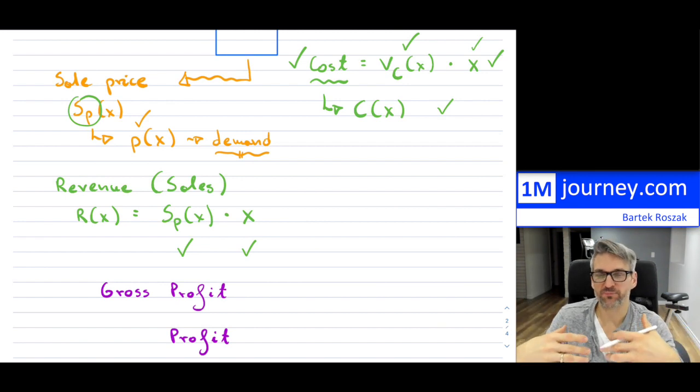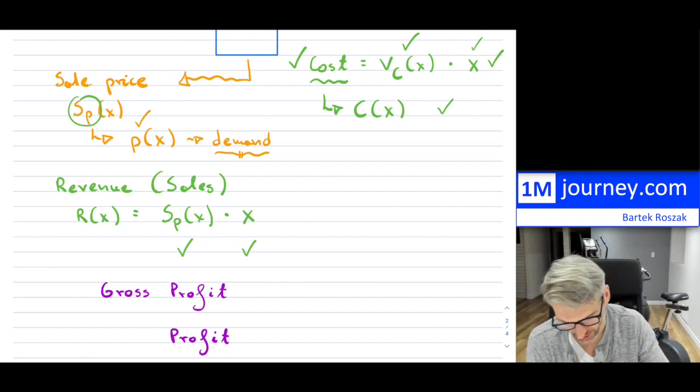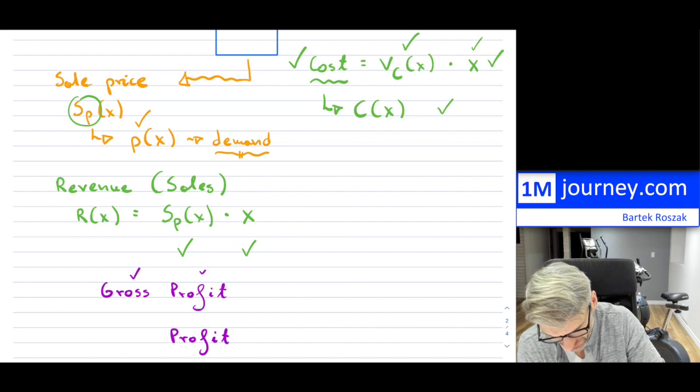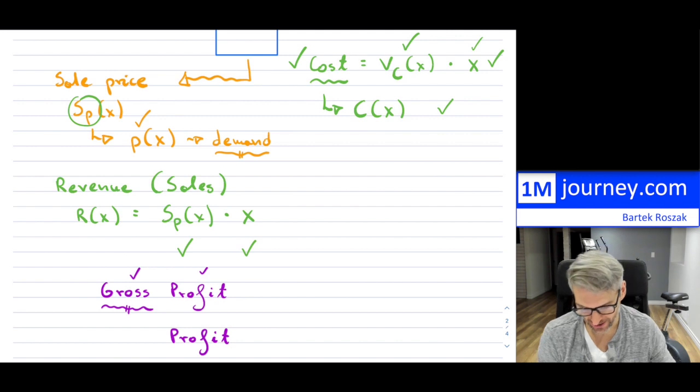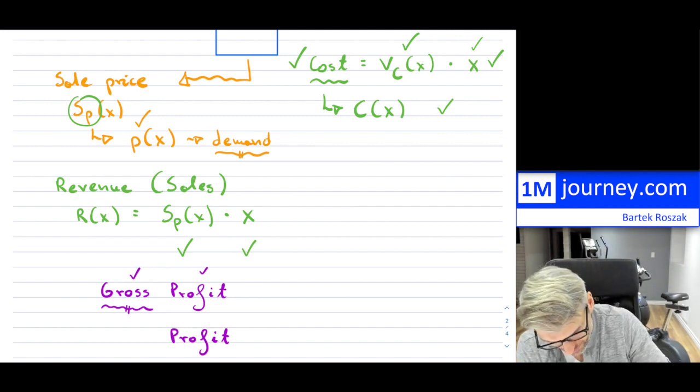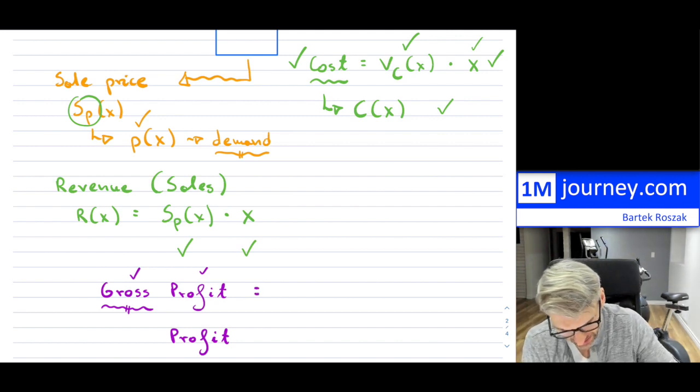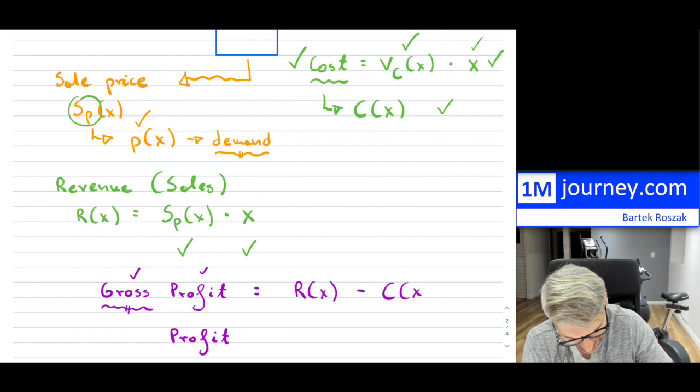But on the calculus side, this is gross profit. That's why it's the word gross, because it doesn't actually subtract the actual operating expenses that you have, or operating costs. So within this gross profit, it is simply your revenue minus your actual cost that you have.